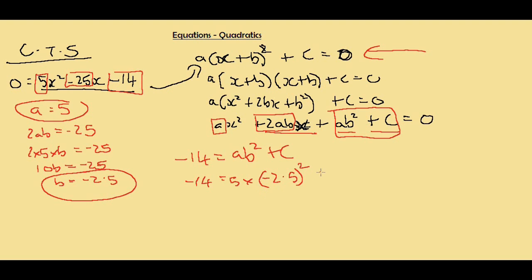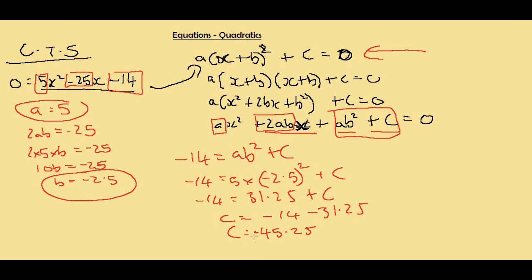Minus 2.5 squared times 5 equals 31.25, so minus 14 equals 31.25 plus c, and now we're just going to find out the value of c by doing minus 14 take away 31.25, which equals minus 45.25.